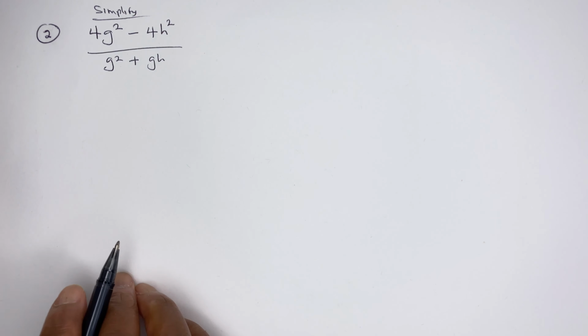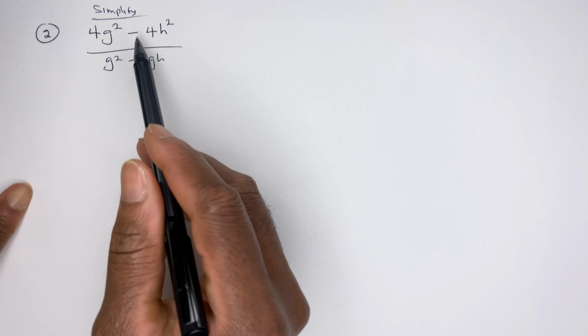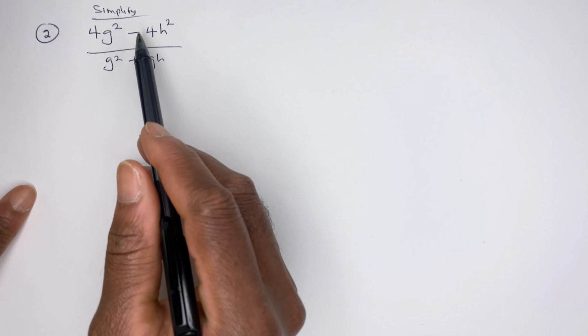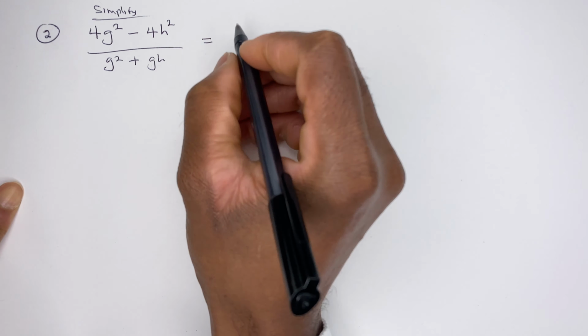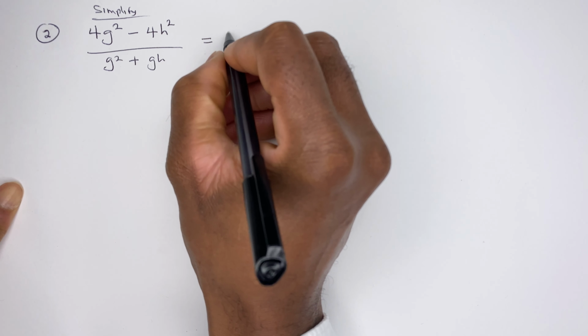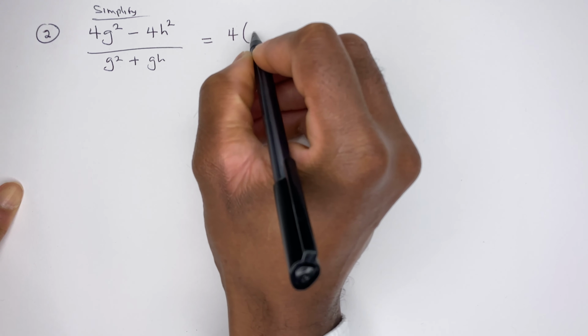In order to simplify, let's look for a common factor from the top. 4 is common, so I might as well take the 4 out, and then I'll get g squared minus h squared.